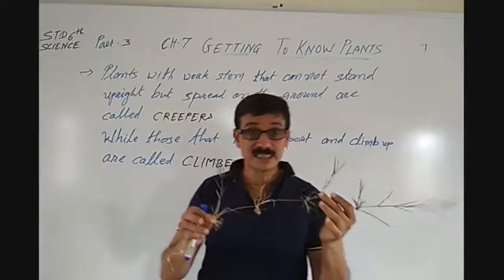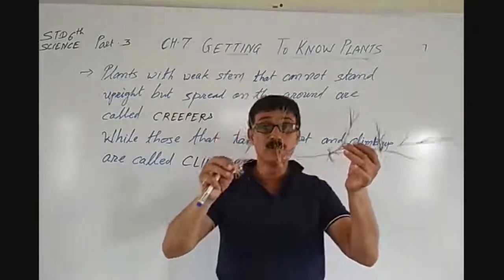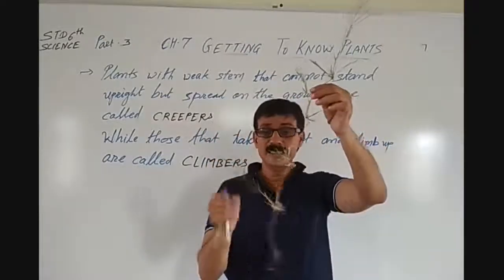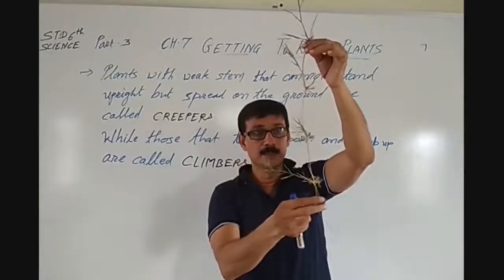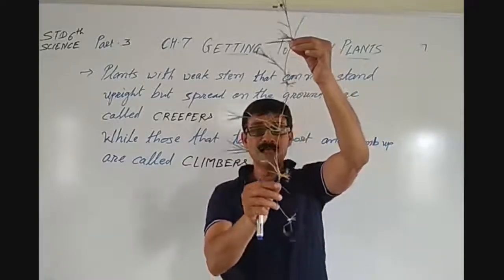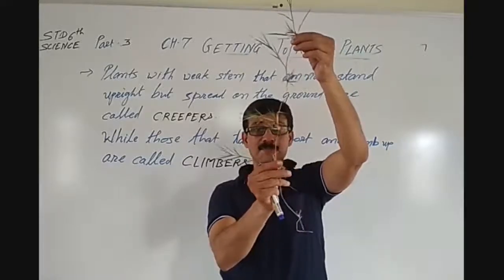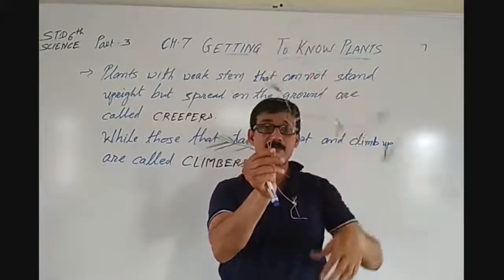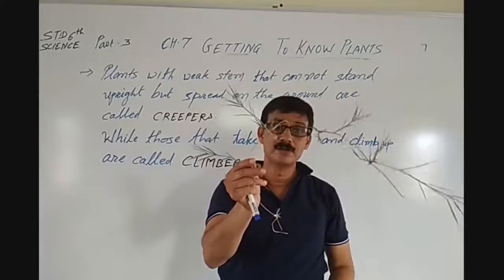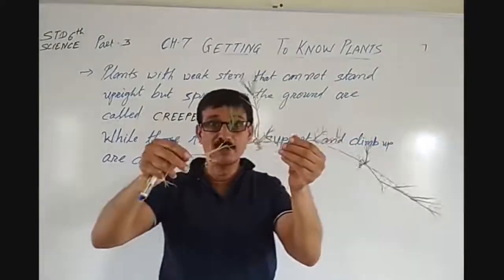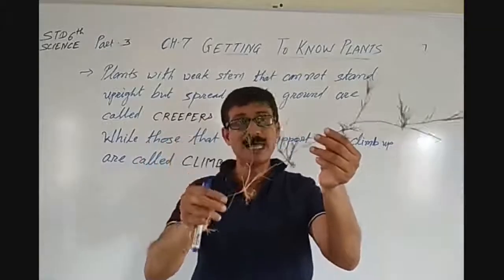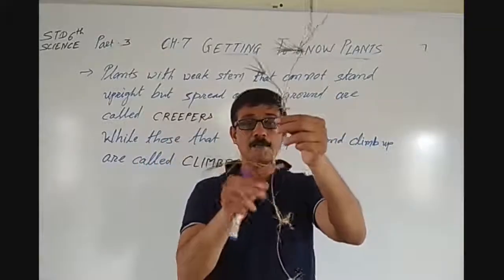This is durva, and it is one of the creepers. Can you see this is a stem of the durva, isn't it? This is a stem, but if I keep it like this, it will automatically get bent. So the stem of this plant is very weak and that is why it cannot stand upright.